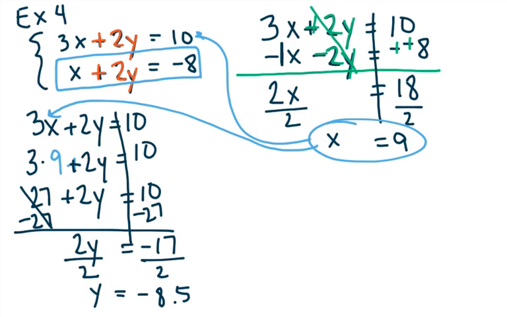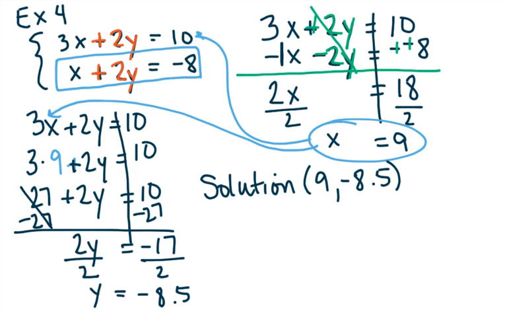So now it's time to check to make sure that that solution, I just found the solution to be 9, negative 8.5. So let's make sure that that works in the second equation. We have the original x plus 2y equals negative 8.